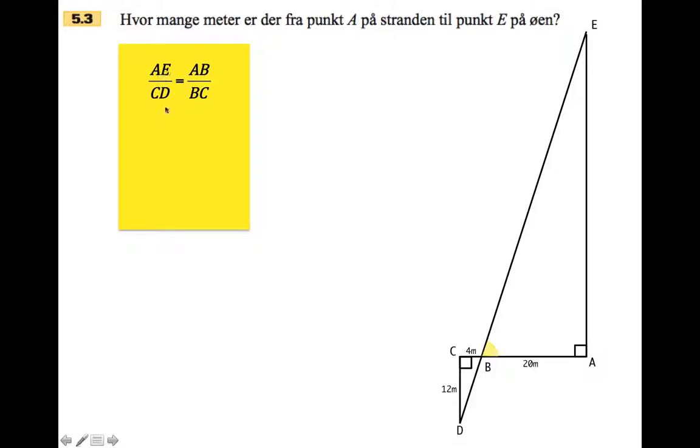So AE divided by CD equals AB divided by BC. I'm doing this on my rough paper, that's why it's yellow.